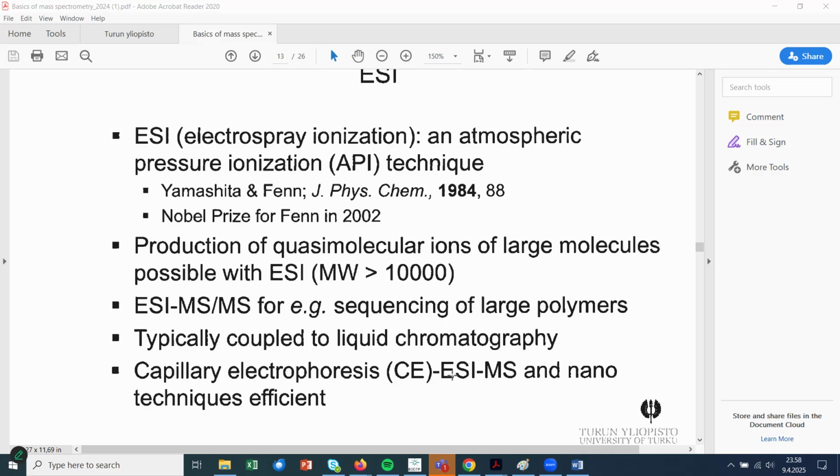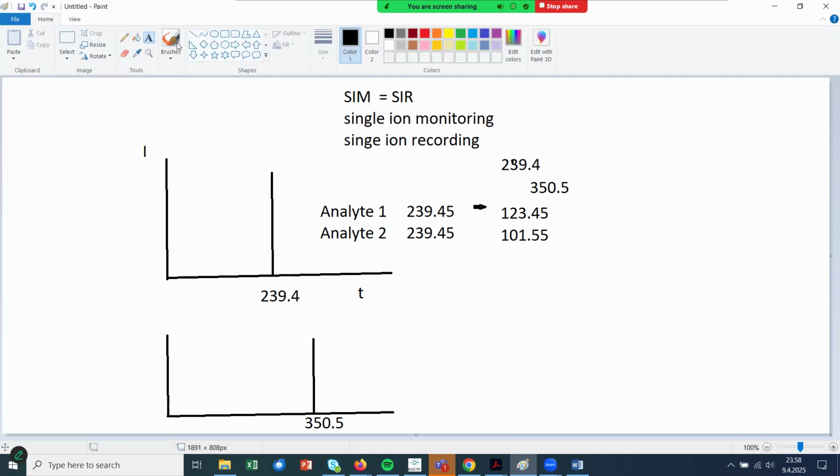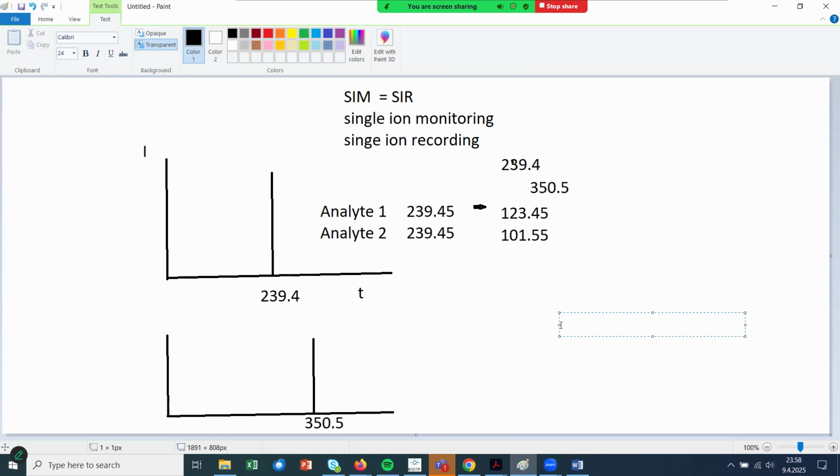And what is a quasimolecular ion? Maybe it needs a bit of clarification. Quite often we just talk about molecular ions, to be honest. But if we use the right terminology, we should call this, for example, M plus H plus. It's the protonated molecule. Because its molecular weight is more than that of the molecule because of the added proton, it's called a quasimolecular ion.